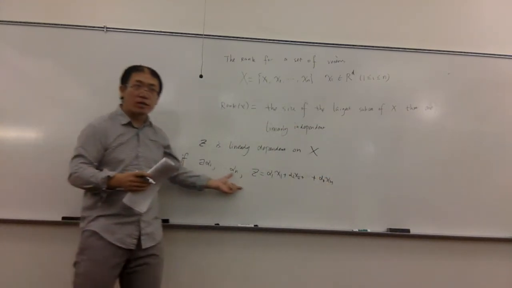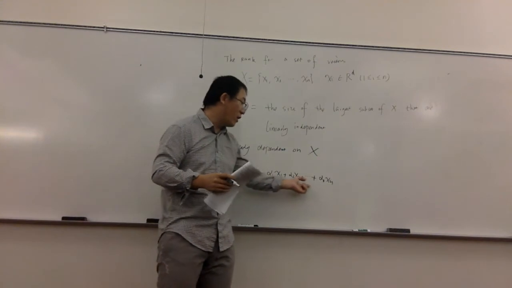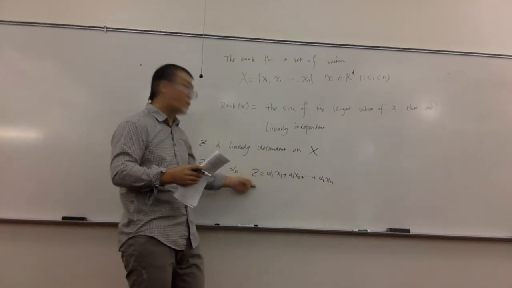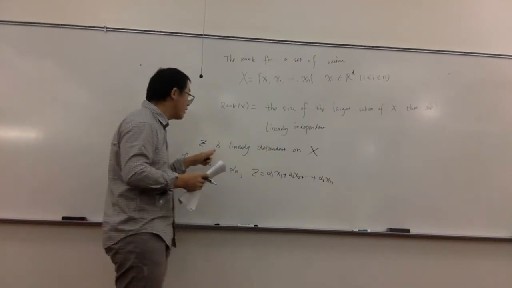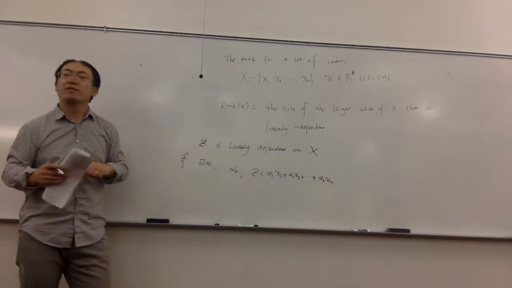If there is such a linear combination equal to Z, then we say Z is linearly dependent on X.